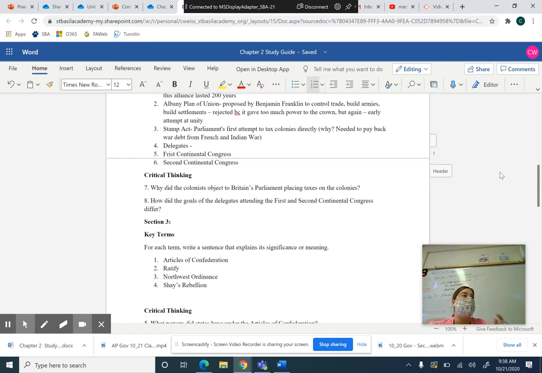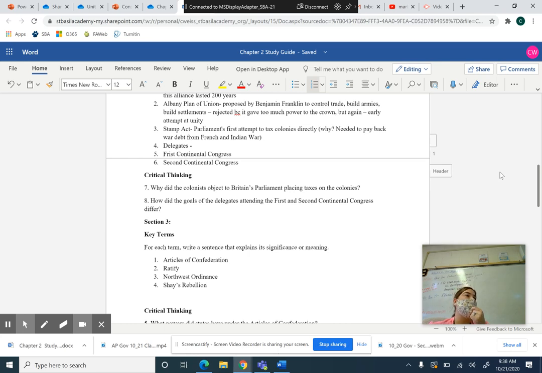That was the reason, to maintain peace between those tribes and the colonies. This did last for about 200 years in that area. Does that make sense? It was basically just to make sure there would be peace and communication.